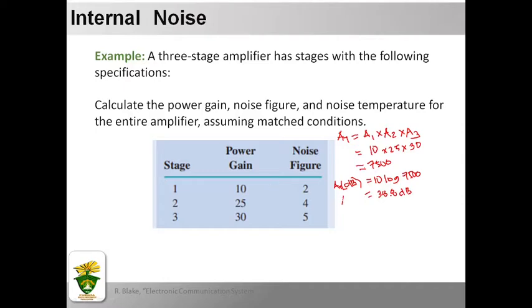Okay, let us take note of our answer here. So total gain is 7,500, and in dB we have 38.8 dB. Okay. So now let us compute for the noise figure.